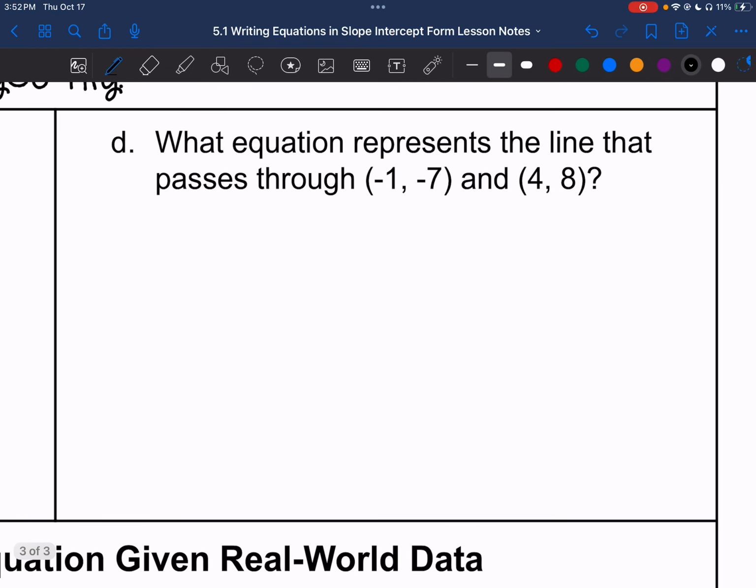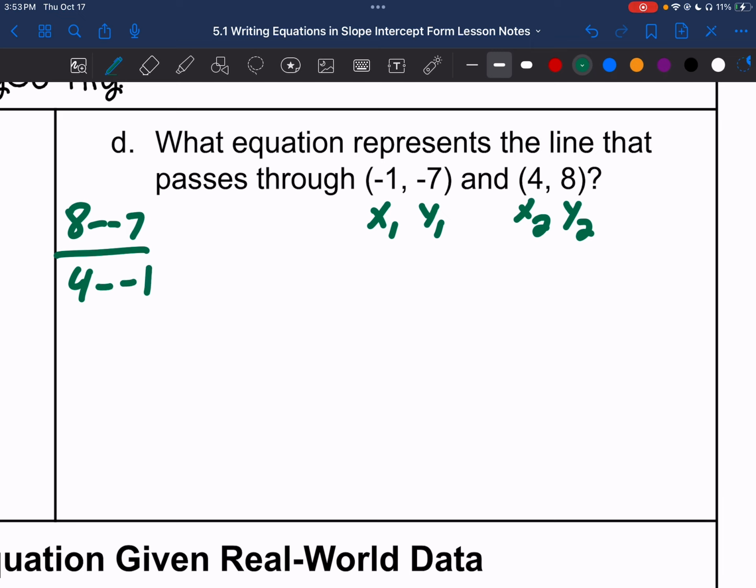Letter D, what equation represents the line that passes through (-1, -7) and (4, 8)? We have x1, y1, x2, y2. Now we can go ahead and find our slope. So we have 8 minus -7 over 4 minus -1.